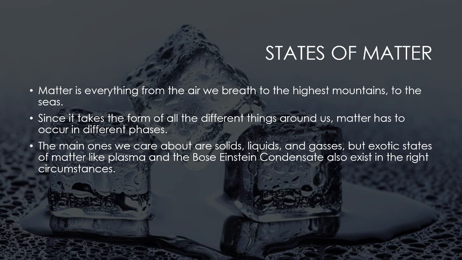But we're not going to go into too much with the Bose-Einstein condensate. That particular one might have some interesting applications to quantum computing, so some of you may want to go check out some videos on that. We're not going to do too much in our class with it because it's a bit advanced to understand. But basically, solids, liquids, and gases are what you need to worry about. So let's deep dive into those a little bit.